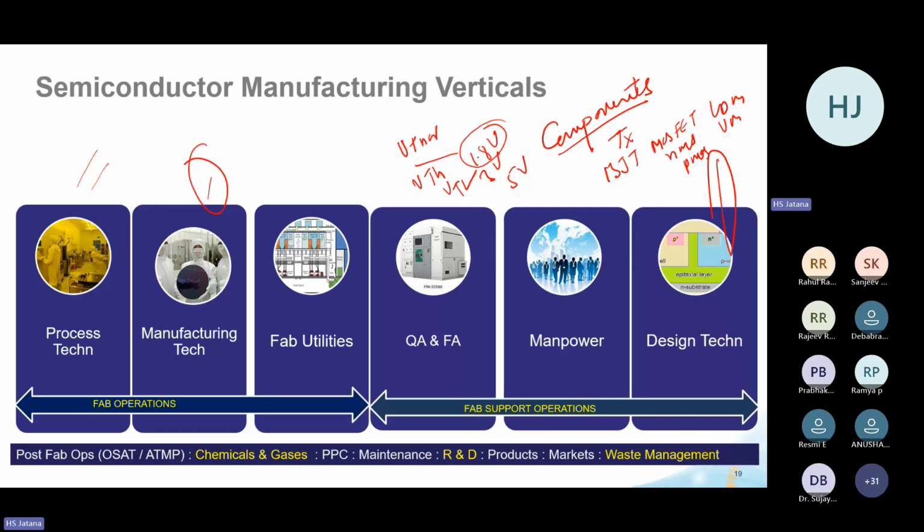That is due to various techniques related to multi-masking and resolution enhancement techniques, RET, and optical proximity corrections and things like that. So making a mask is also one of the challenges, an interesting thing, and a part of the manufacturing technology.